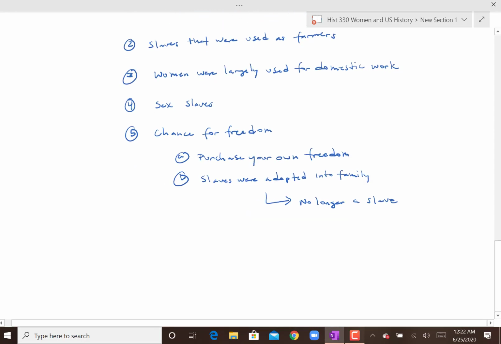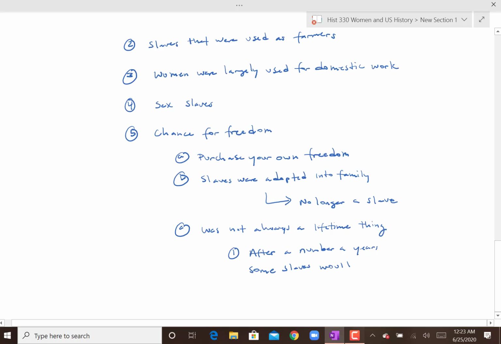And that's the other thing: in a variety of ways, slavery was not always a lifetime thing. Whether it was purchasing your own freedom, or being freed after a term of service, because this was common unofficially, after a number of years some slaves would be freed.